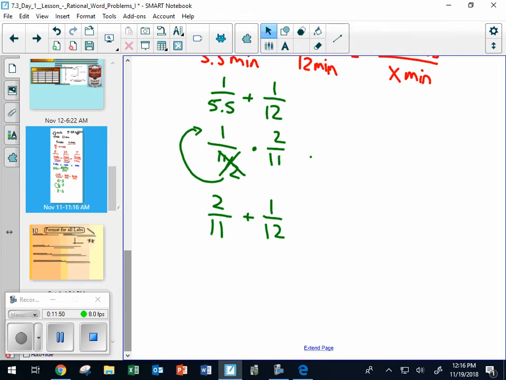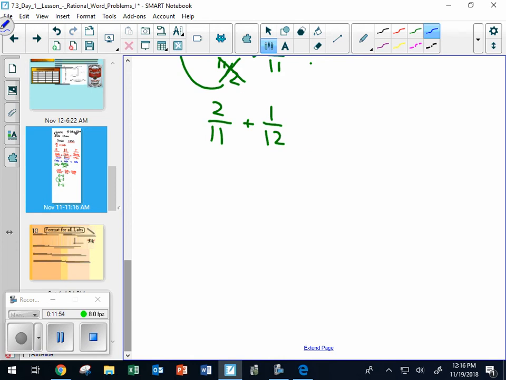And now we need a common denominator. So what should we multiply each of these fractions by? We have 11. So if we have 11 here and we have 12 here, do they have any common factors or common multiples? Yes. We need a least common multiple.